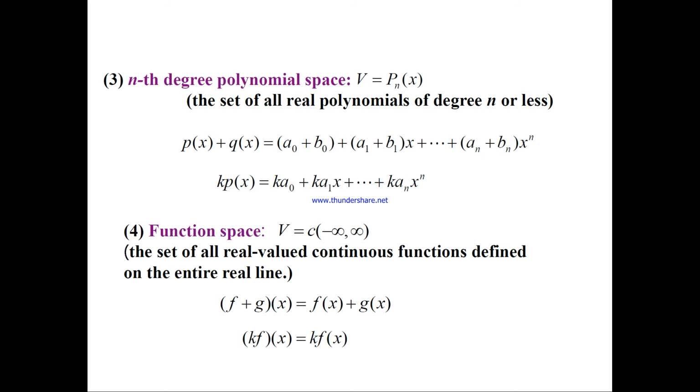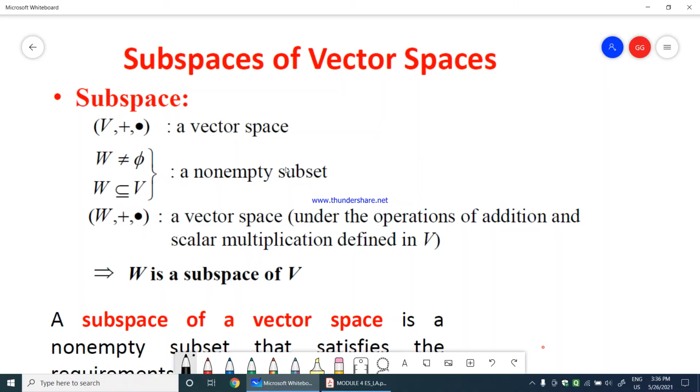We have seen the different types of vector space: matrices, polynomial equations and functions can each be considered a vector space. I think you got a brief knowledge of what a vector space is.